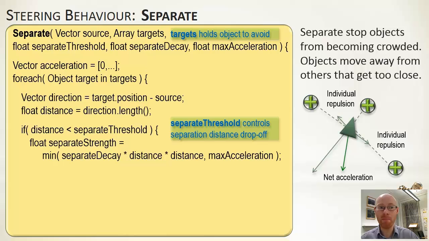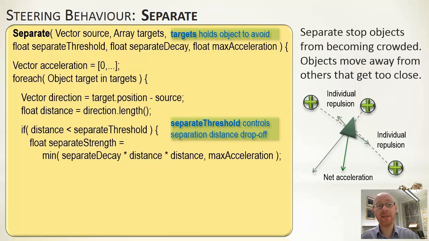If it is, the minimum function will ensure that we don't return something bigger than max acceleration, but it might be less. It's a distance squared metric, and again you could just do separation decay times distance if you wanted to, which would be a linear decay one here. This one by distance means that the closer you get in, the bigger the response to try to get away, but it's always capped by our maximum acceleration.